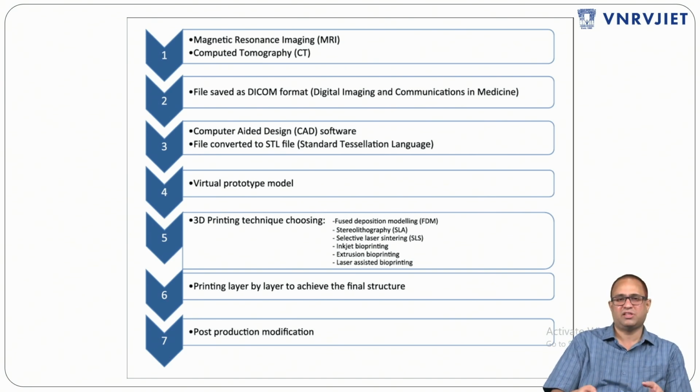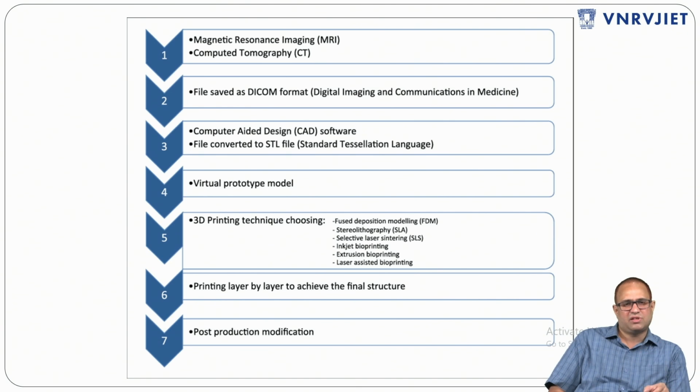I'm going to tell you after this slide. Based on the DICOM format, the file is converted to an STL file by the medical processing software, and that STL file is sent to the AM machine. A virtual prototype of the model is made, then we select a suitable technique, print layer by layer, and produce the part.